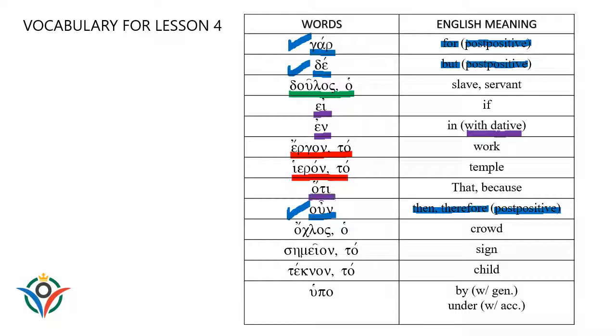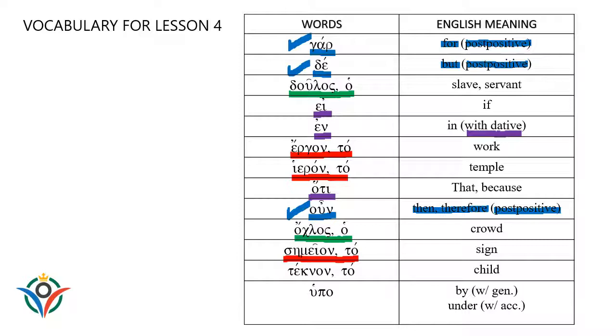Then we have hoti, which means that or because. We've done un. Let's move on to the next one. Ochlos, and that means crowd. Then we have semeion, and that means sign.